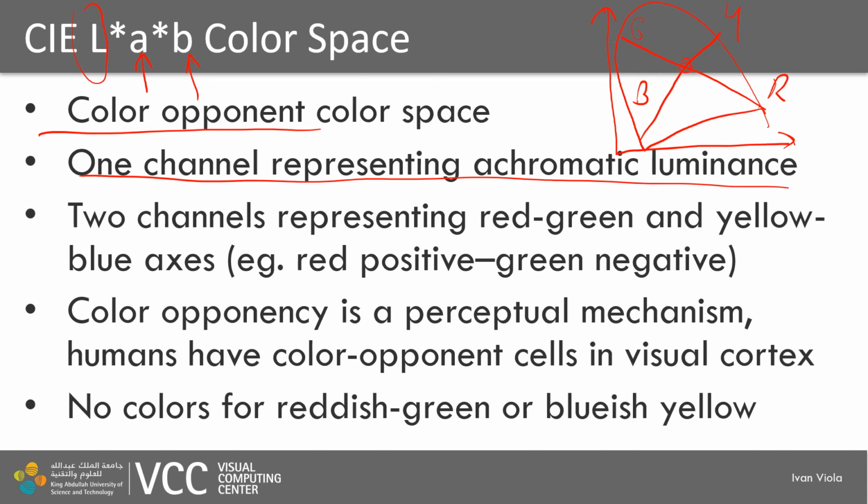And 0 will be associated with the white point, and the more blue the color is, the more negative the B will be, and the more yellowish the color is, the higher the value associated with B. On the red-green color opponency, the more red the color is, the higher the value for A, and the more green the color is, the more negative the value for A.